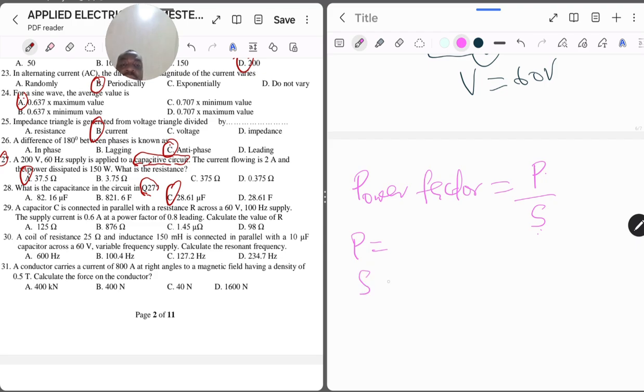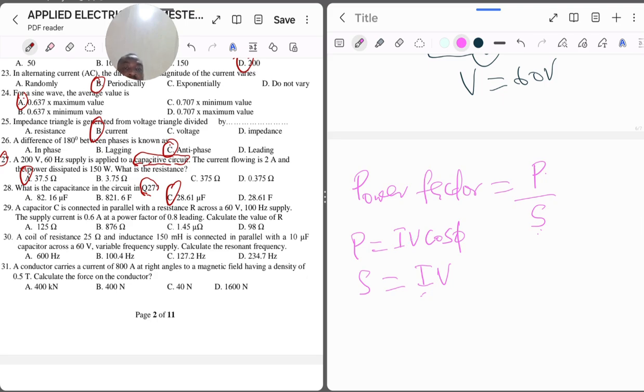Normally the apparent power is going to be the current supply times the voltage supply. Then the formula for active power in terms of the supply current and the voltage supply is going to be their product times cos phi, which is the phase angle.